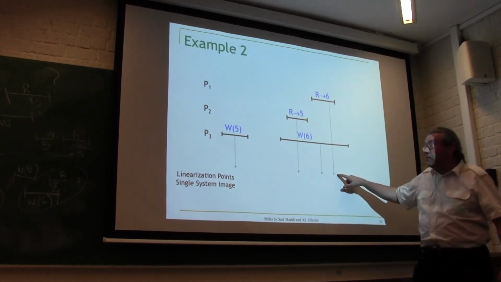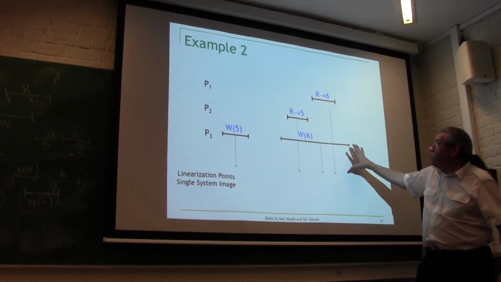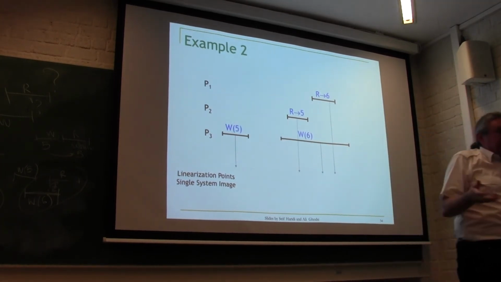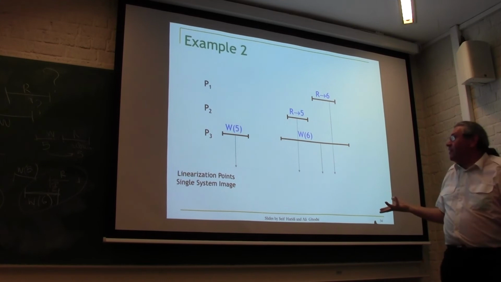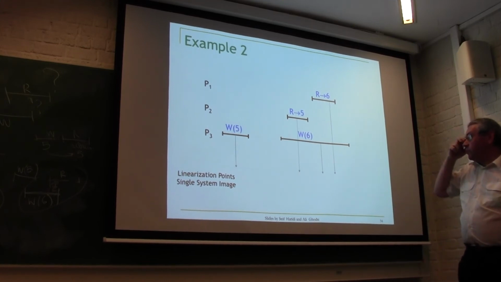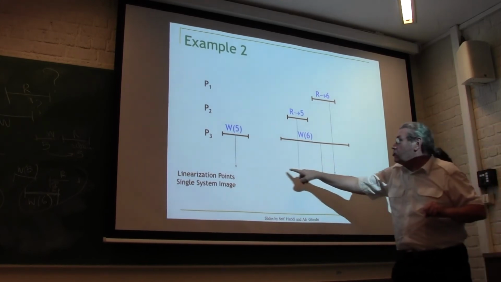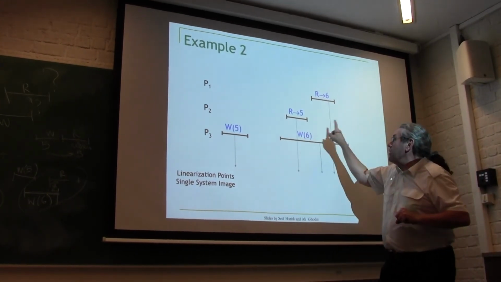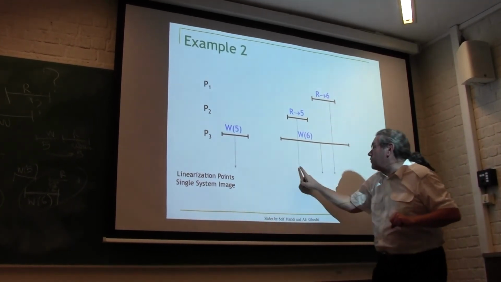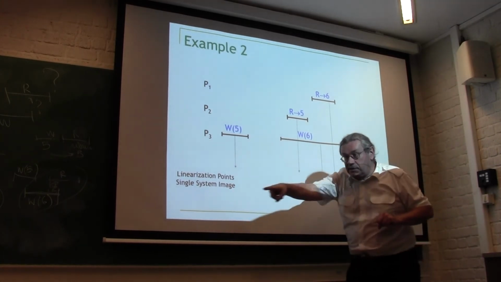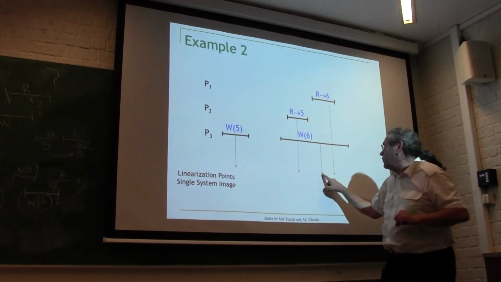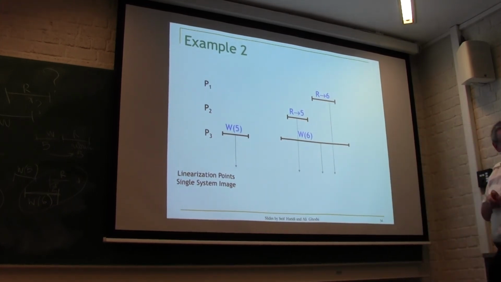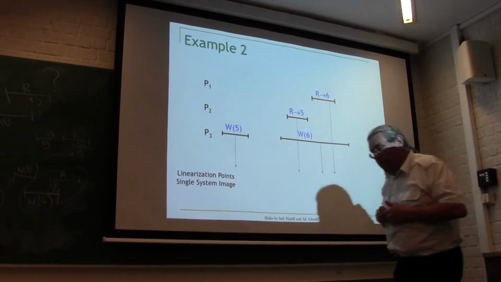These linearization points are just a way of seeing whether your execution is actually consistent with being linearizable, okay? So it's as if it could have happened like this. If we had threads and the writes and the reads had happened instantaneously on a single machine at these points, then we would have gotten the same values. You see how it's working?